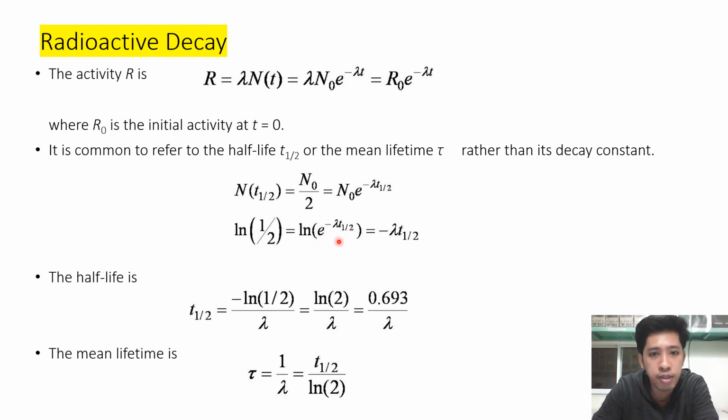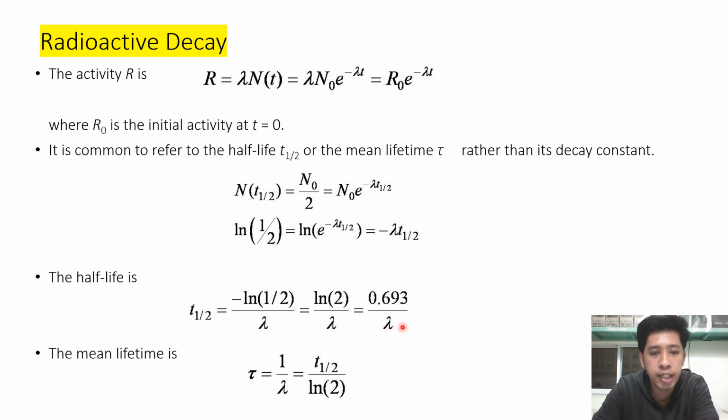We do this so that we can solve for your half-life T1/2. So ln times e, it's just negative lambda T1/2. So we can now take out your T1/2 of the equation, and the half-life is just negative ln of 1/2 over lambda, or this is just equal to ln 2 over lambda, or you have your half-life T1/2 is equal to 0.693 over lambda.